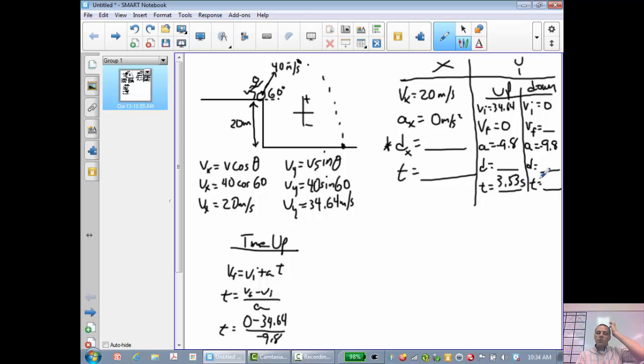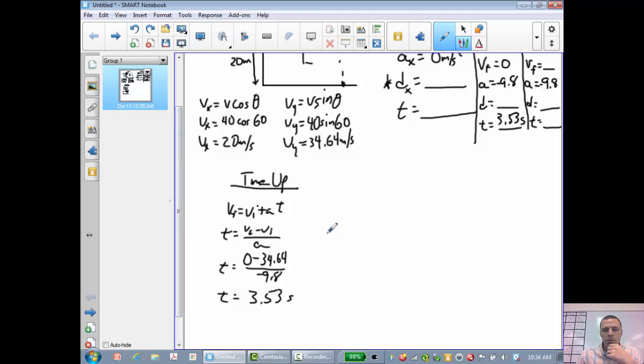Now, it would be tempting to multiply that by 2, but you shouldn't do that because up is not equal to down. So the next thing I'm going to do, and there's different ways of doing this problem, is find the distance up. That way I can find the distance down. The distance up, I'm going to use this equation, d equals Vi T plus 1/2 A T squared.